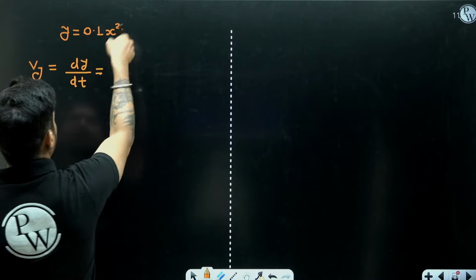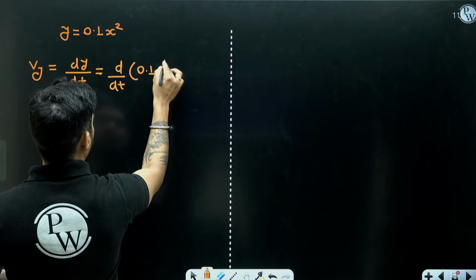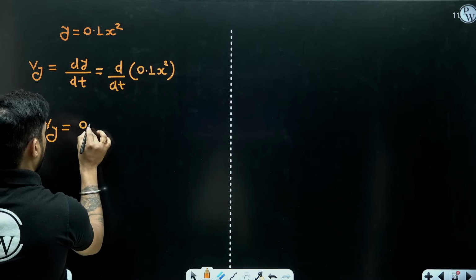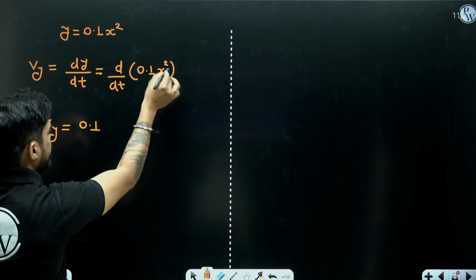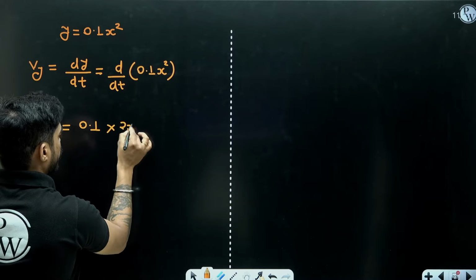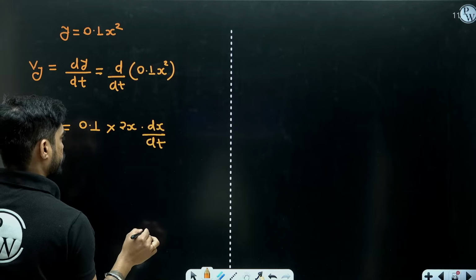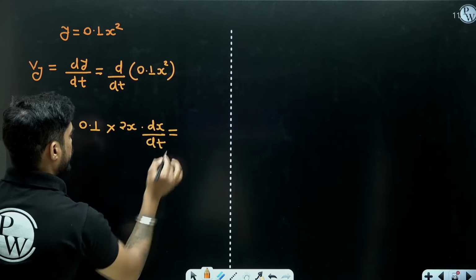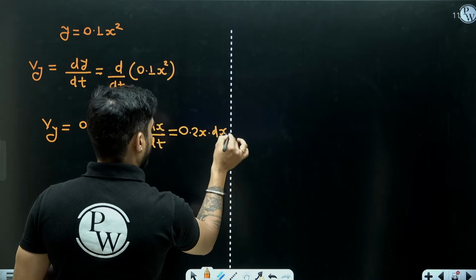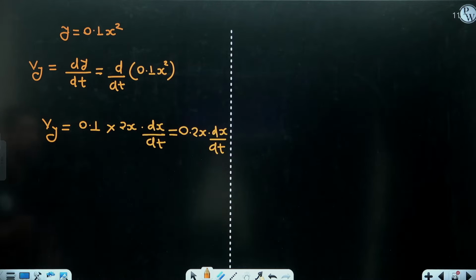So if I differentiate this with respect to time, Vy will become 0.1 into x square. If you differentiate with respect to time, you will get 2x dx by dt. So it is actually 0.2x dx by dt. Vy is 0.2x dx by dt.